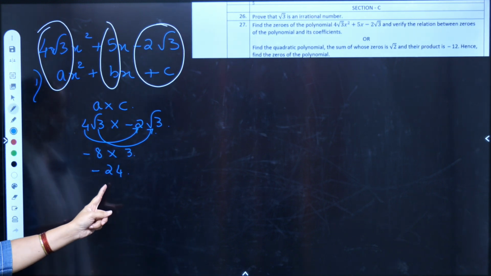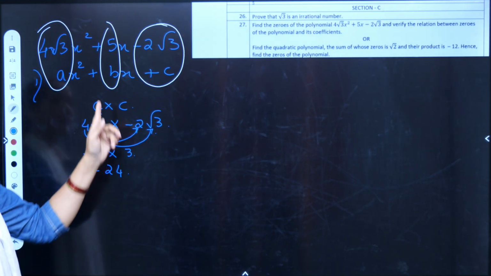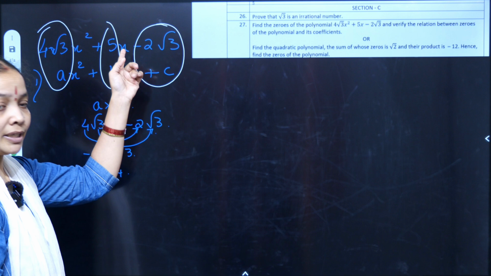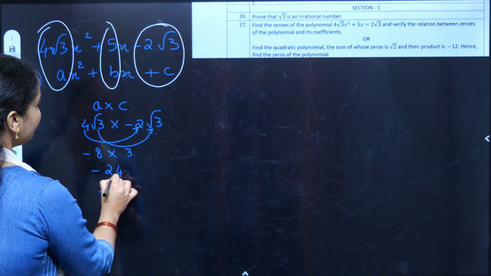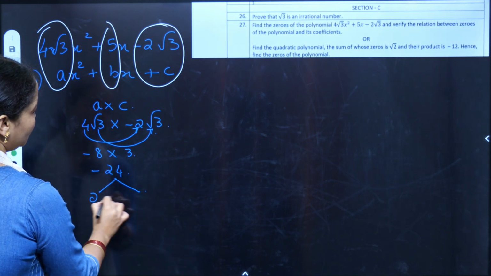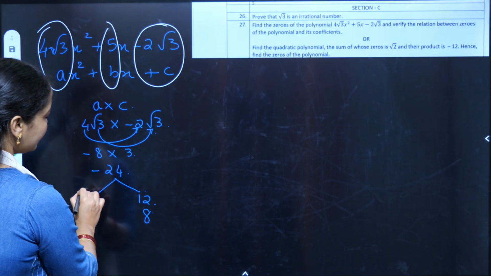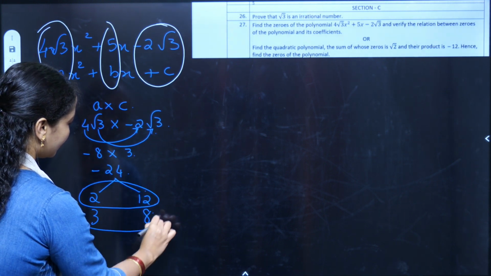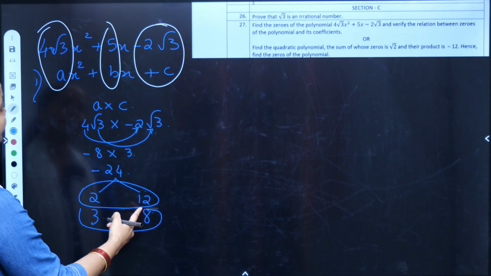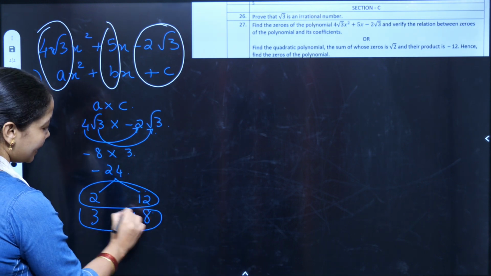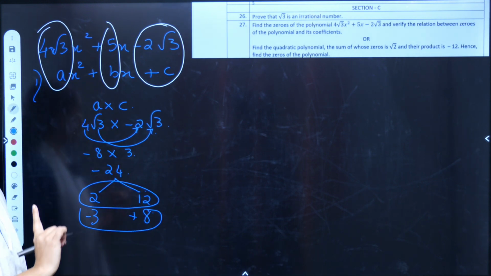Now, I have to split negative 24 in such a manner that I am getting 5 in between. So, negative 24 has products: 2 12s are, 3 8s are. When I consider these as pairs, I can see the second pair, plus 8 and minus 3, can give me plus 5, which is my middle term.